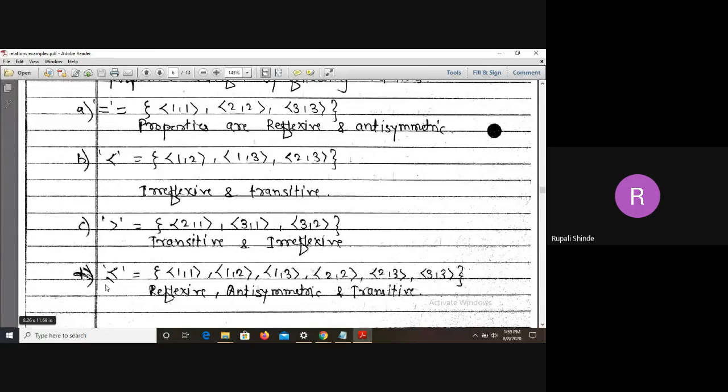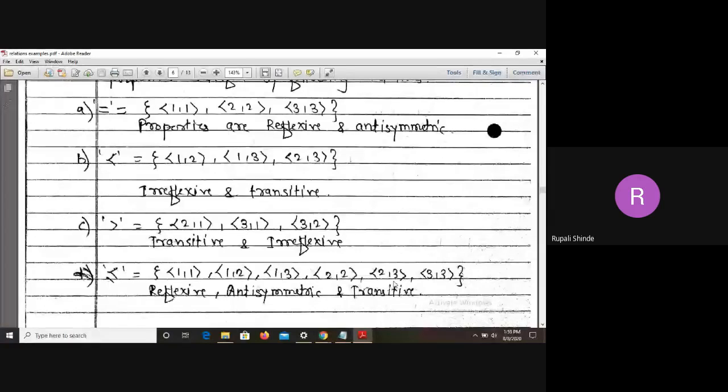Why? Because if you consider ordered pairs 1 comma 2 and 2 comma 2, then 2 will get cancelled. We will get 1 comma 2 again. That is present here. Another ordered pair we can consider is 1 comma 3 and 3 comma 3. Again 3 will get cancelled. We will get 1 comma 3. That ordered pair is also present here. Then 2 comma 2 and 2 comma 3. Again 2 will get cancelled. You will get 2 comma 3. That is also present here. That's why we can say that this is a transitive relation.